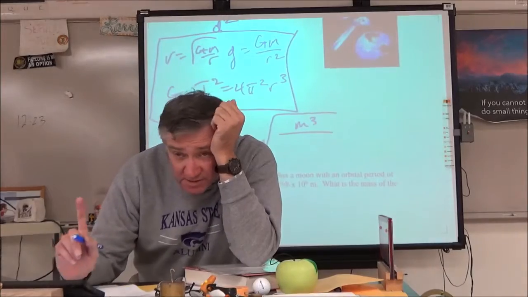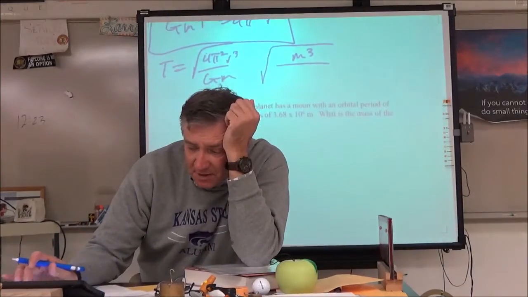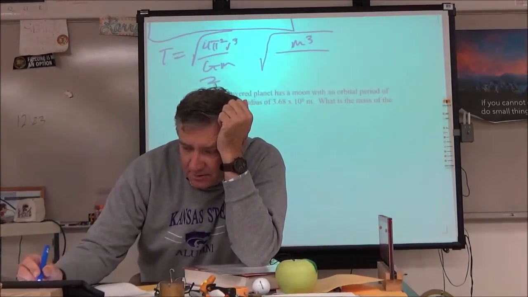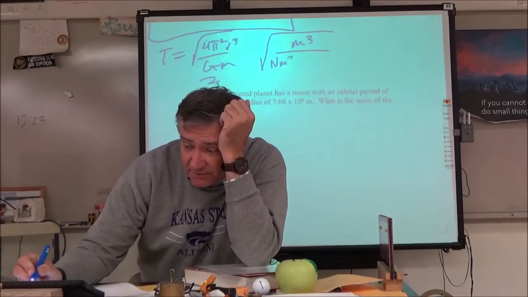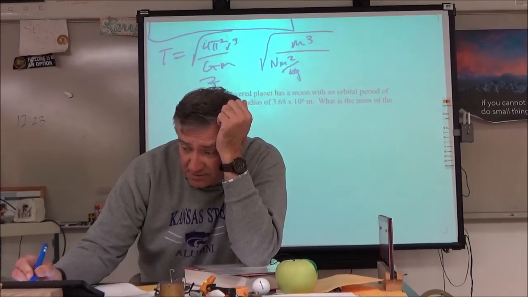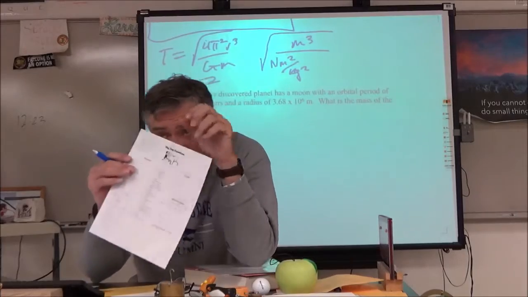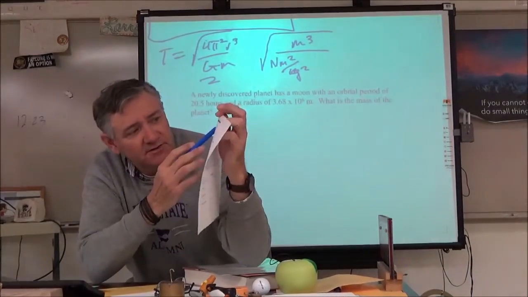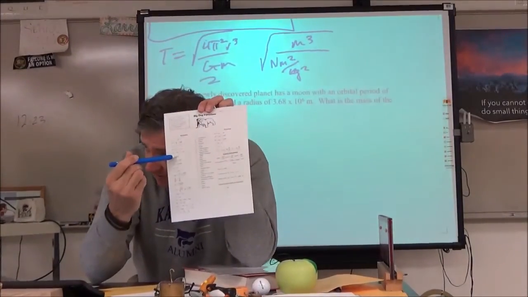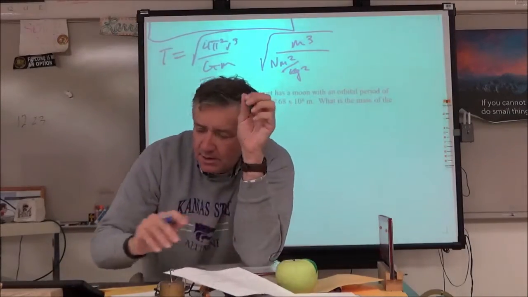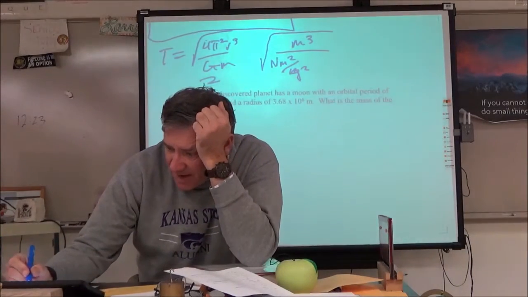Now, what are the units on big G? Newtons meter squared over kilogram squared. If you're not sure, look on your equation sheet, right here. There are the units, newtons meter squared over kilogram squared. Then the mass is going to be in kilograms.